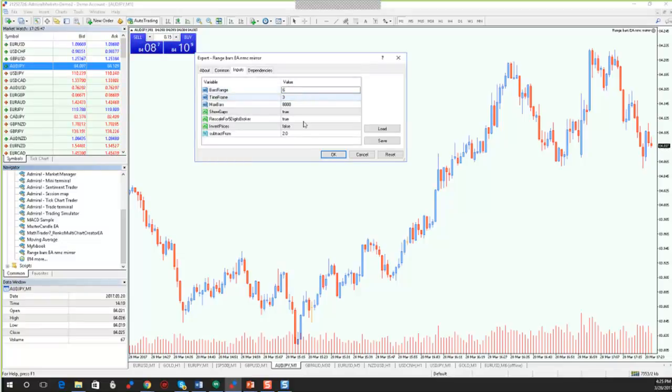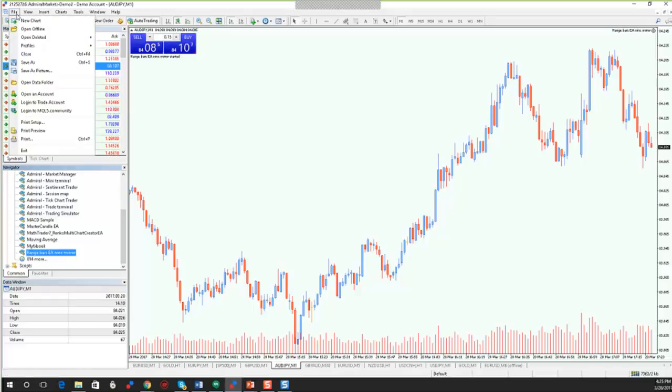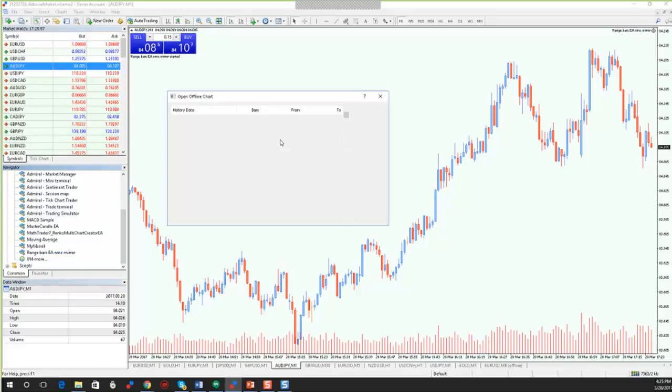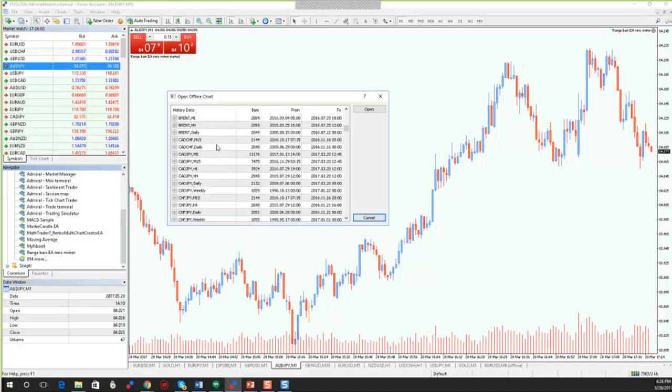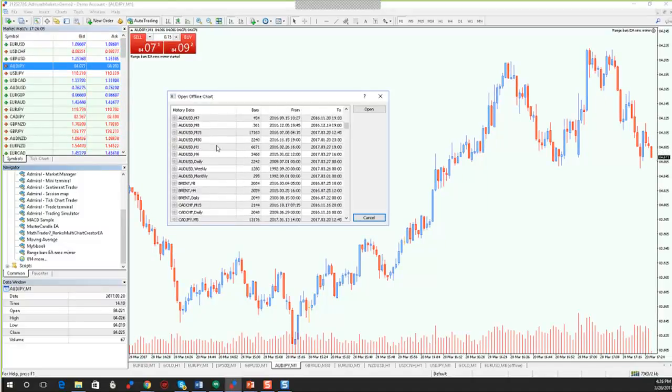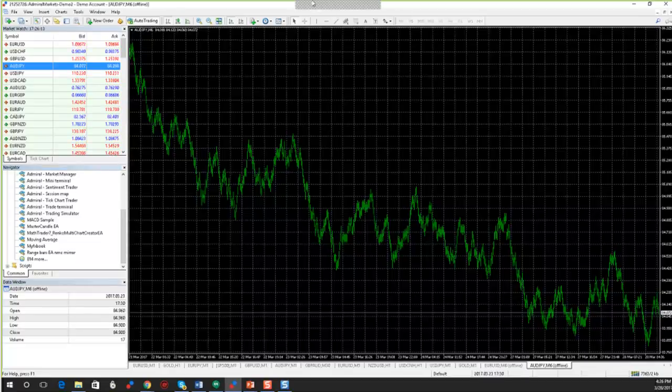We will use 6, and then, guys, when we press OK, we go to File, Open Offline, and we need to find Australian dollar yen M6. Let's see, Australian dollar yen M6. Here it is, M6. We say open, guys.